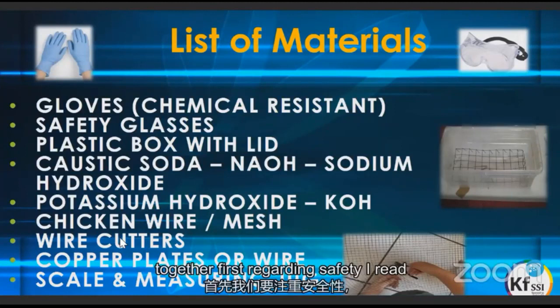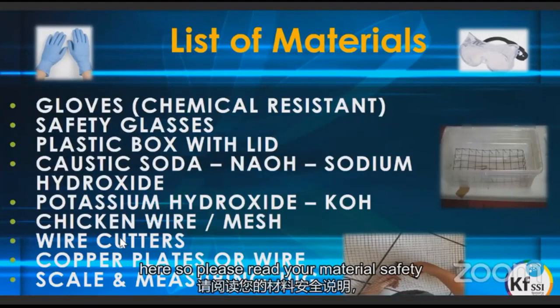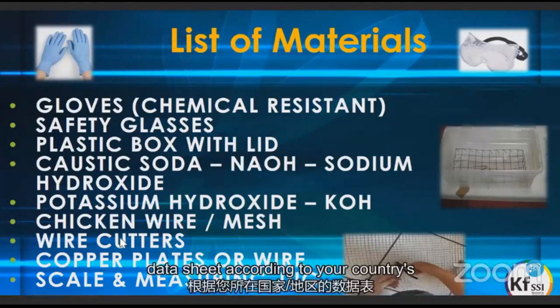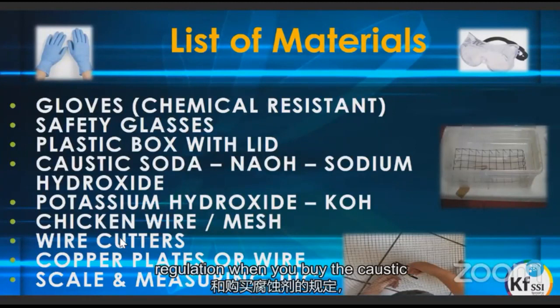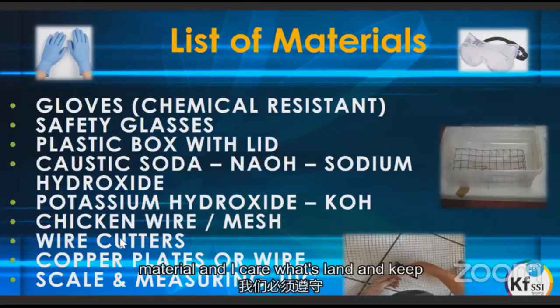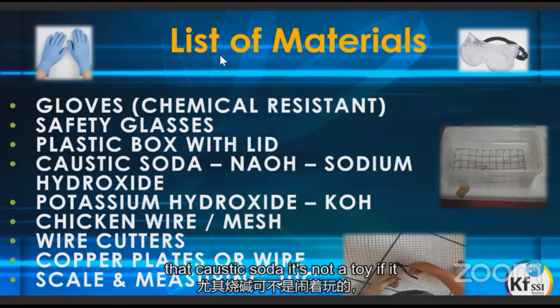Regarding safety, please read your material safety data sheet according to your country's regulation when you buy the caustic material, and take care of what's there and keep the instructions. So you have to know that caustic soda is not a toy.